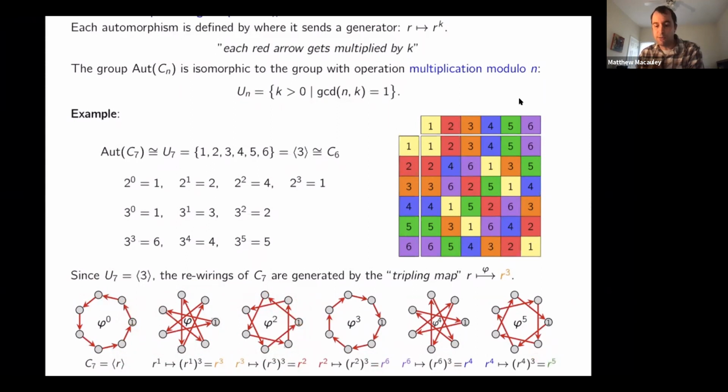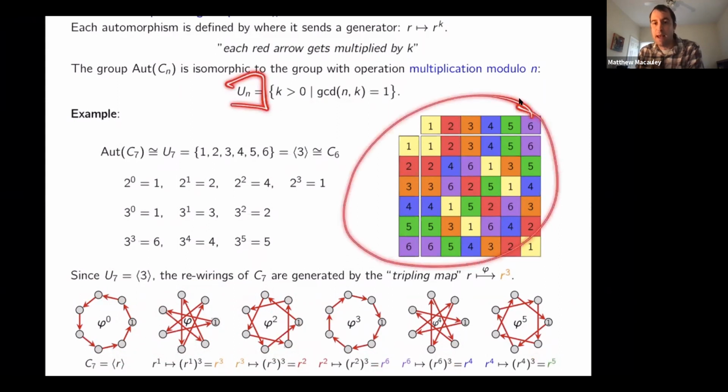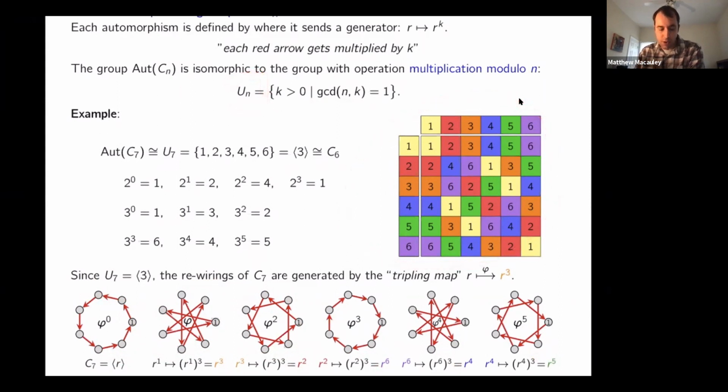The automorphisms form a group. And if you take the integers mod 7 under multiplication, that's what the group is isomorphic to. This group here, I claim, is generated by 3. If you take 3 times 3 mod 7, you get 2. So if you do the tripling map twice, you get the doubling map. 9 mod 7 is 2.